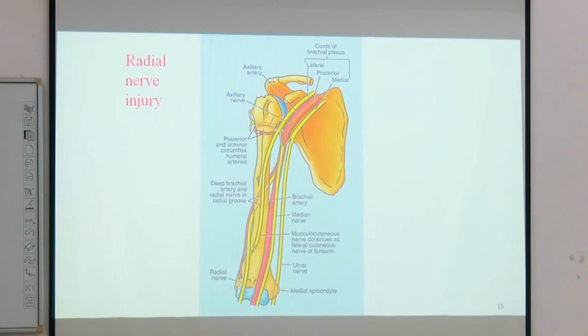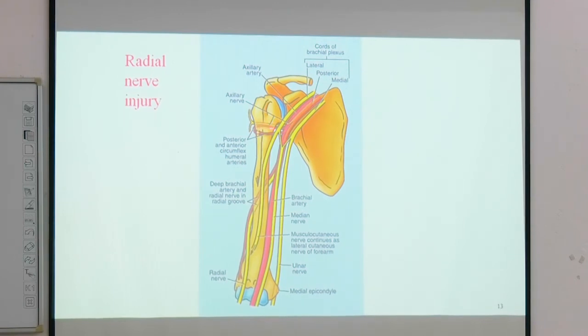So you have a fracture over here at the surgical neck, and the patient has an insult or injury to this region. We call this axillary nerve damage or axillary nerve injury.